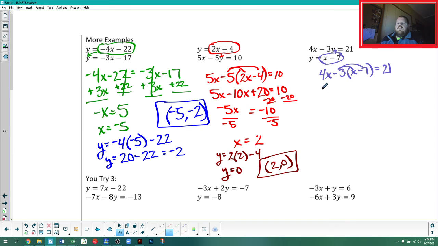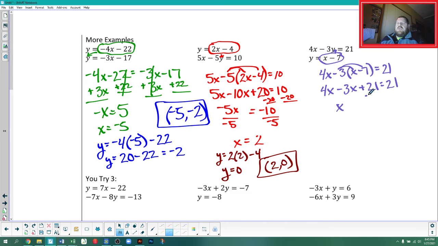Distribute. 4x. -3 times x is -3x. -3 times -7 is +21. Equals 21. And it looks like a cool thing's going to happen. Number one, 4x minus 3x is just x.